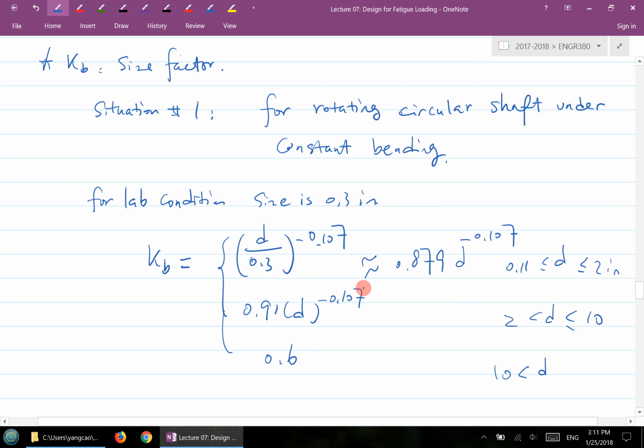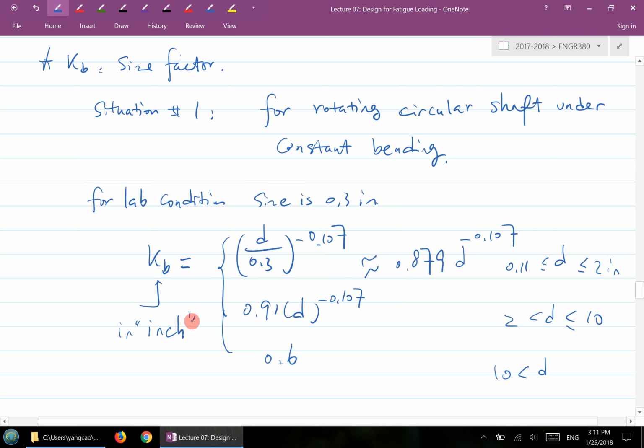This formula here is in inch, so this D here is in inch. This is actually very important.